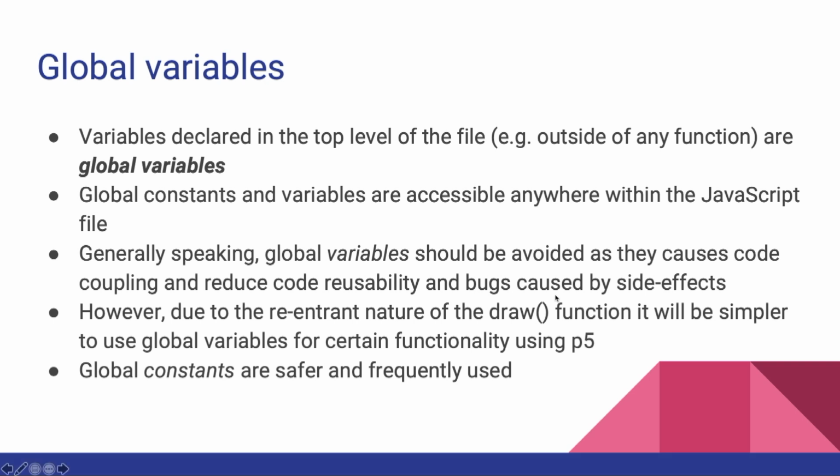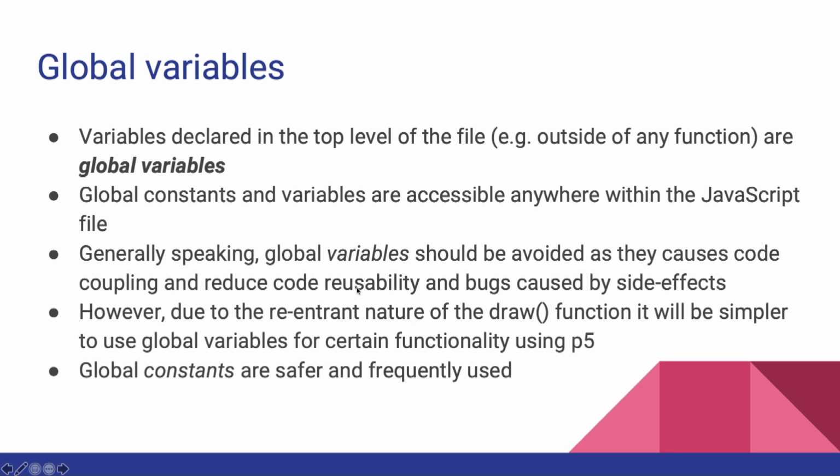Also, global variables within just the one program cause the possibility that one function might change a variable that another function actually relies on, and maybe that is not what you expected, and maybe that's an introduction of a bug. Okay, and it's caused by one function having a side effect on some other function.